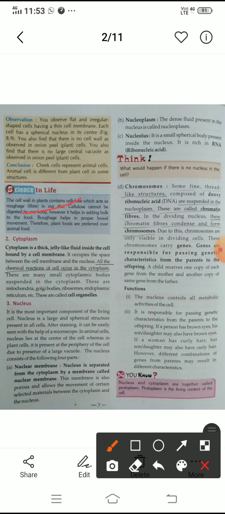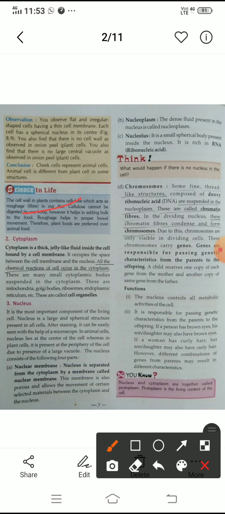Okay, now the second important part of the cell is cytoplasm. Cytoplasm, point number 2 on this page. An aqueous solution present in the cell between the cell membrane and nucleus is known as the cytoplasm. Aqueous solution means a jelly-like structure. Cytoplasm is also formed by something.